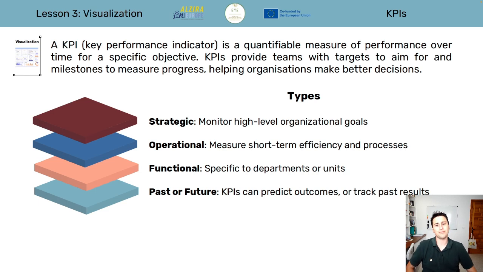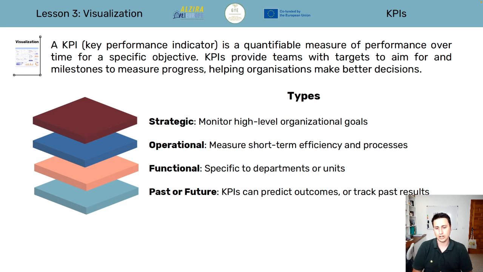Then we have the operational, which measure financial efficiency, processes, and operations, KPIs that allow us to be profitable in the short term or generate impact in the short term. Both strategic and operational are affecting the whole company most of the time.